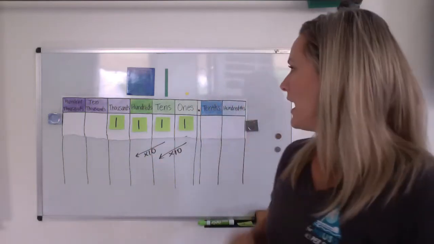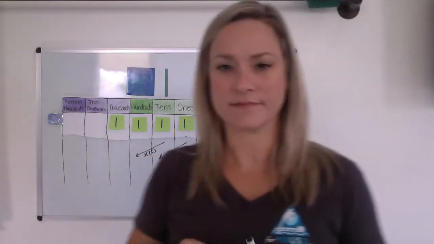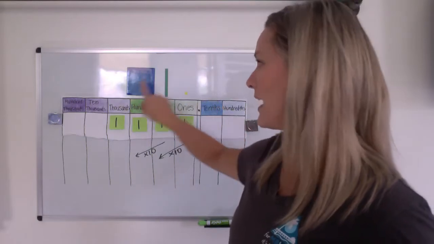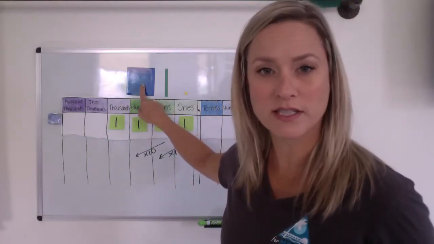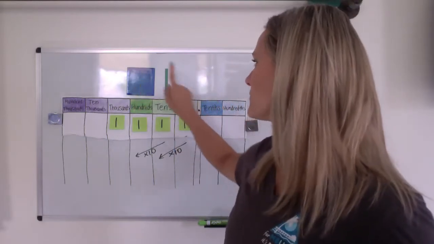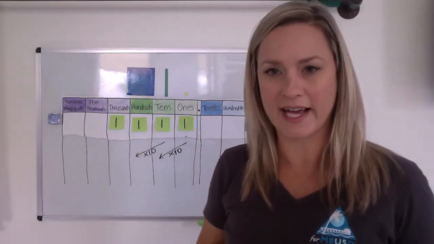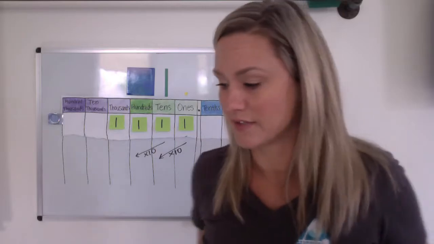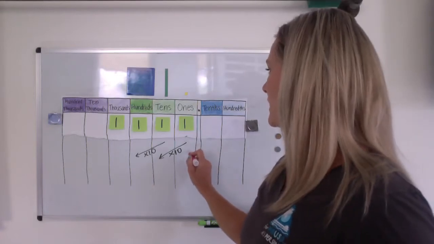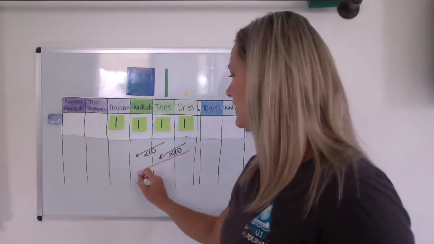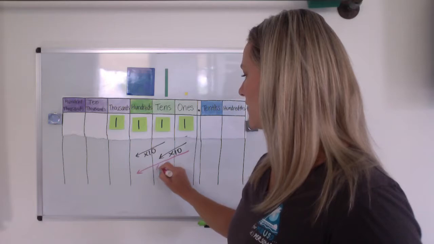Okay, how about this one? Going back to this, how many of these would you need to make one of those? Well, you're probably telling me already that you need 100, that is kind of a lot, huh? So we could say from here to here, you'd have to have 100 of them.